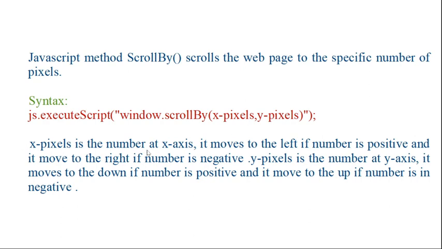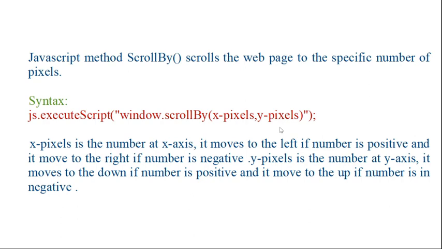The x pixel is the number on the x-axis and the y pixel is the number on the y-axis. Suppose you provide a positive number, so it will scroll from left to right, and if you provide a positive number vertically, it will scroll your web page from top to bottom.